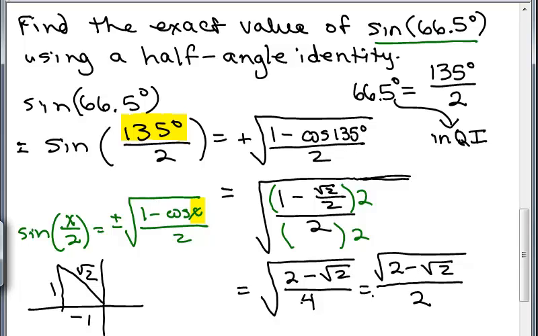Now, if this was like square root of 3, then you would also have to rationalize the denominator. Usually we write the answers where at least the denominator is rational. And so there's our answer. I know it doesn't look nice, but sometimes you have a square root inside some other square root. And so here we've now got our answer for the sine of 66.5 degrees.